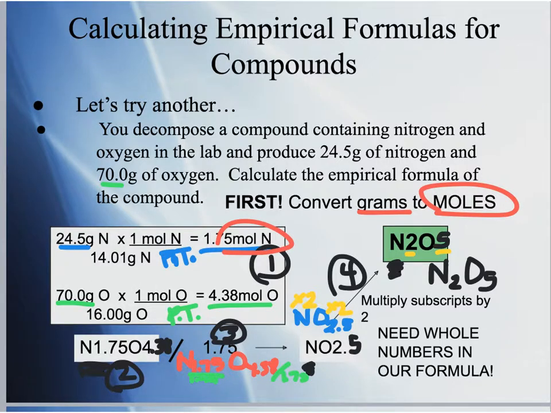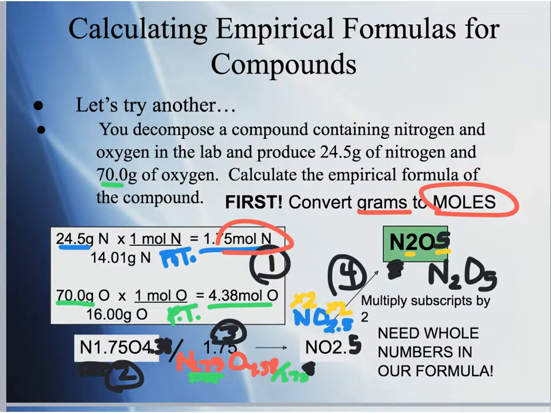So again, convert the grams that you're given in the lab analyses to moles first. Then use those moles as little subscripts for the first rendition of our compound. And then we're going to divide by the lowest number there for our subscript. In this case, it was 1.75. Right? If it ends up being a whole number for both of them, great, you're done.